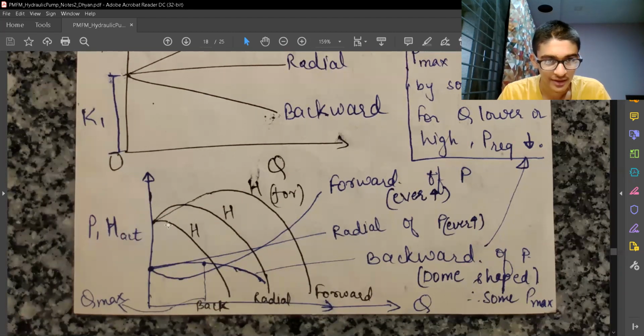This is backward blade. We can see that the actual head increases for radial and forward blade till some flow rate, and then it decreases. And for backward, it directly starts decreasing from the theoretical head, or maybe the maximum head which we can have in backward facing blades.